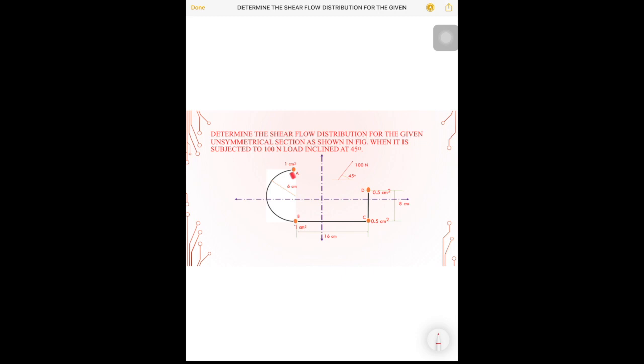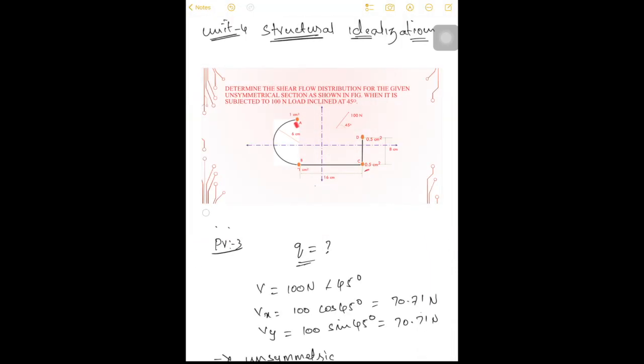The same way for B, it lies in the reference plane, the area is 1 into distance 0. For C, the area is 0.5, the distance from the reference plane is 16. The same way for D.